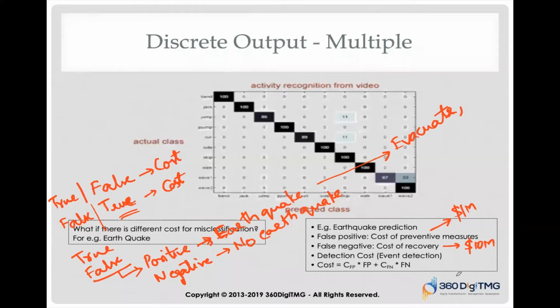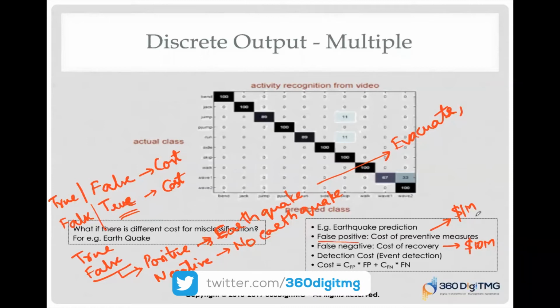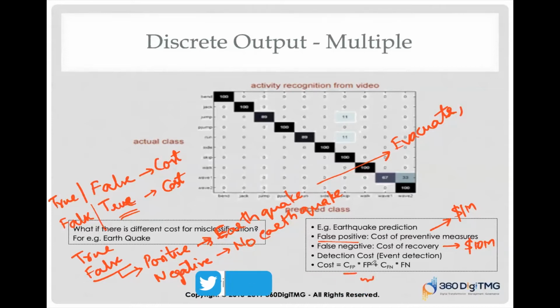Then how do you actually calculate the overall cost? Overall cost is the cost associated with incorrect classification, right? So the cost associated with false positive, which is 1 million, multiplied by how many such instances there were wherein your model has incorrectly classified, plus the cost associated with false negative cases.